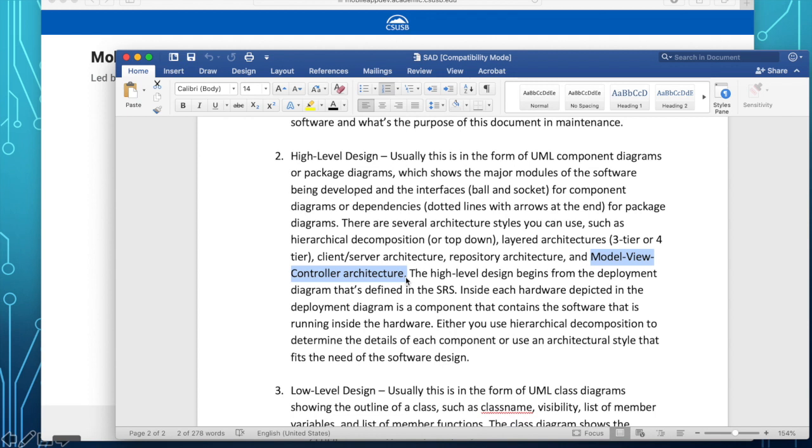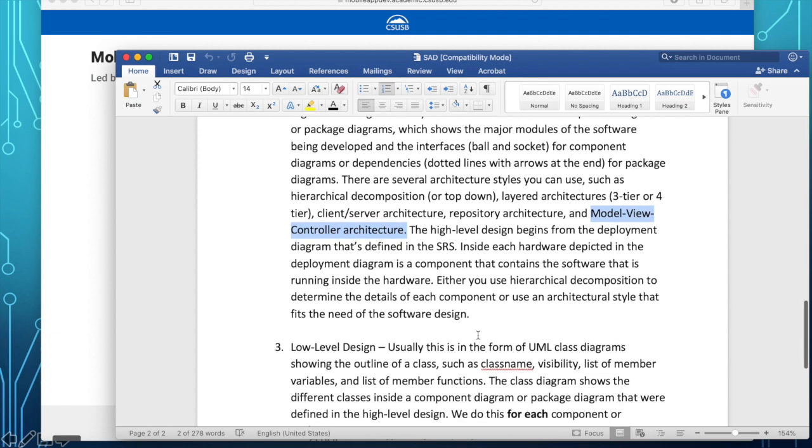So you may use any combinations of these architectural styles, and the unit of the design could be a package, a module, or an object. Okay, so that's your unit of design.